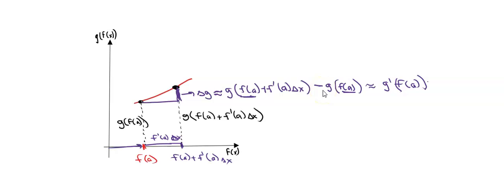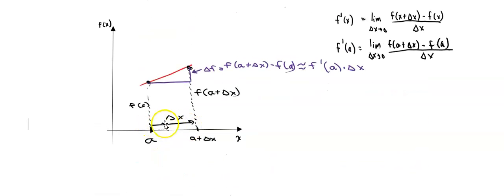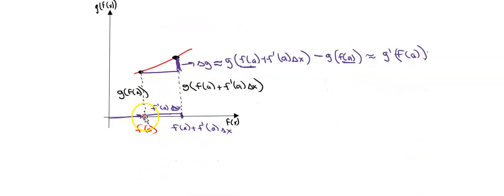So if we multiply by delta x, we get g prime of f of a times that change of x. But it's not just a change of x. Notice it's the change in that input quantity, f prime of a times delta x. So just like the delta x here, we now have f prime of a times delta x here.